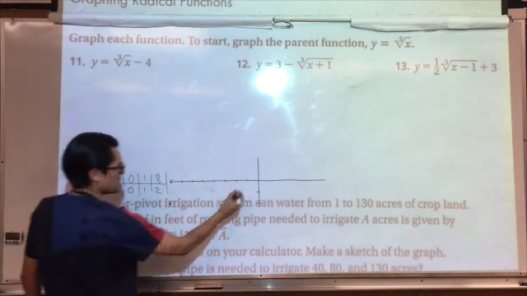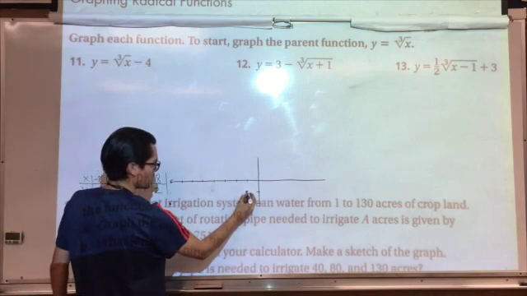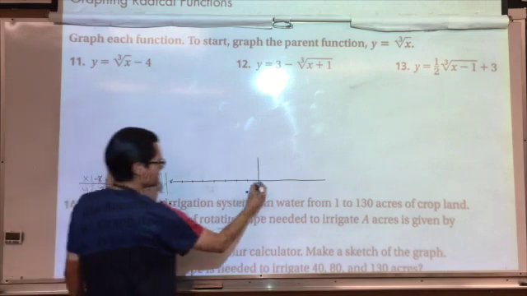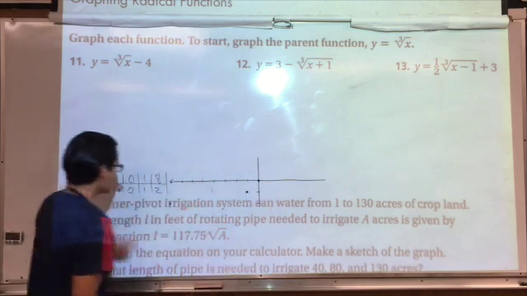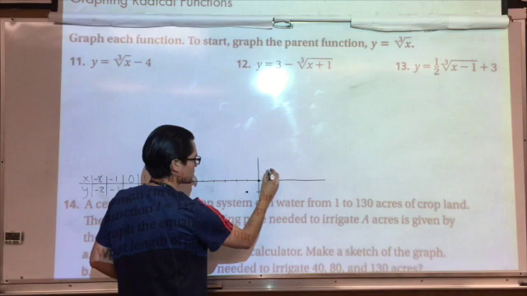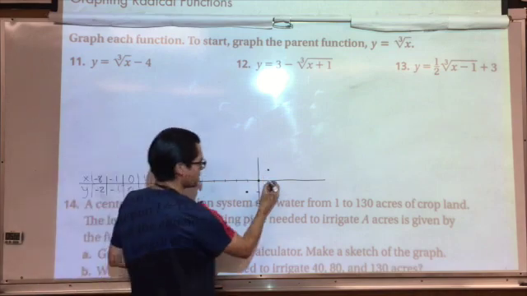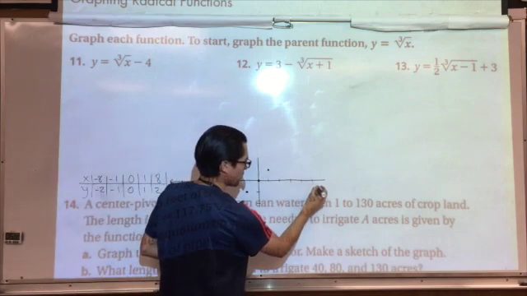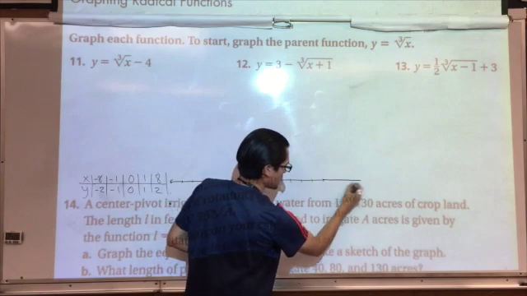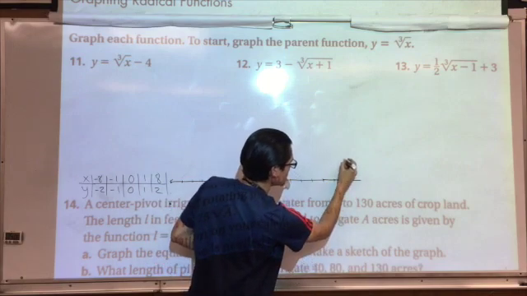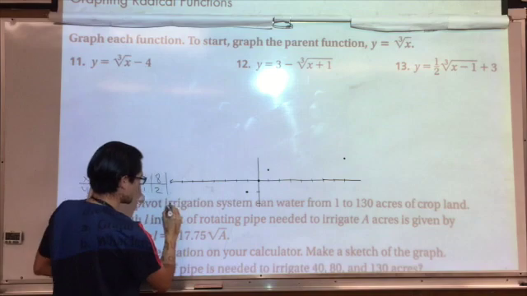Negative 1, negative 1. There. 0, 0. 1, 1. And 8, 2. 1, 2, 3, 4, 5, 6, 7, 8, 1, 2. Look what it looks like, okay?